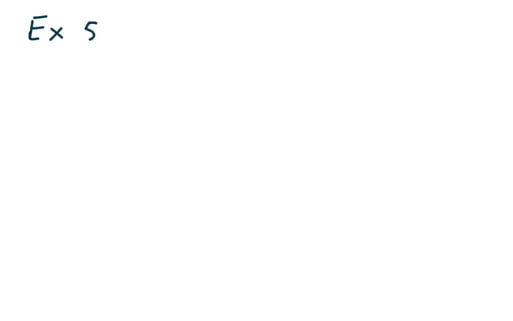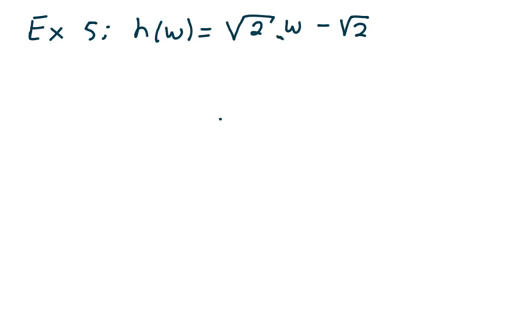Example 5. Suppose I had h of w is square root of 2w minus the square root of 2. Now remember, the derivative of a constant is 0, and the derivative of w is going to be 1.